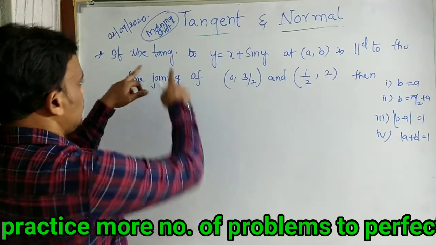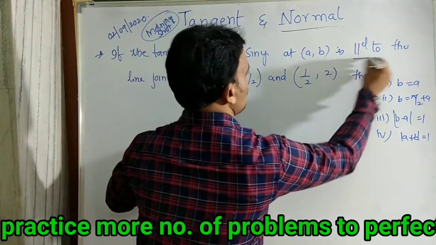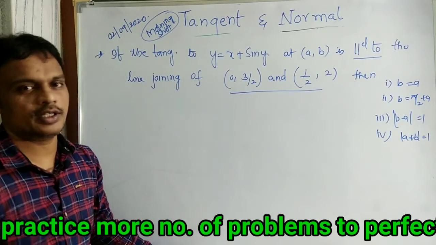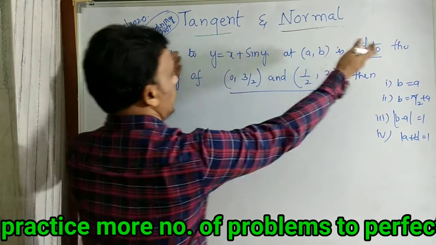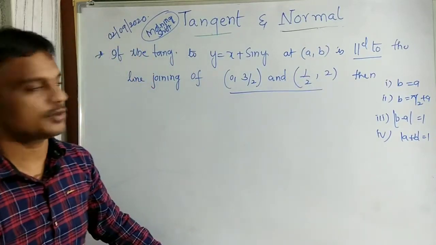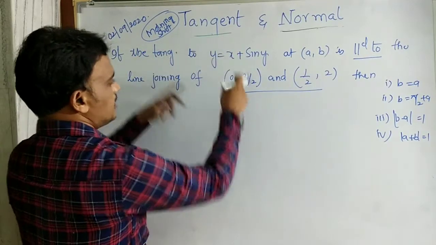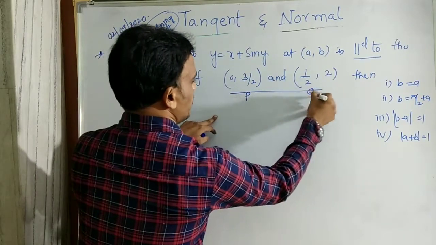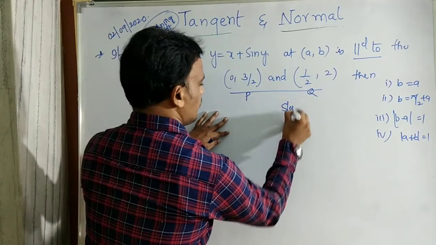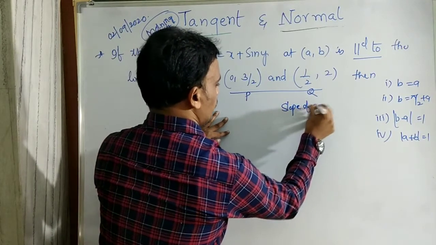Clearly the tangent is parallel to the line joining these two, so no need to find the equation of the tangent. Two lines are parallel, so simply we equate the slopes. The slope of the tangent equals the slope of the line through these 2 points P and Q. So first, what is the slope of PQ?